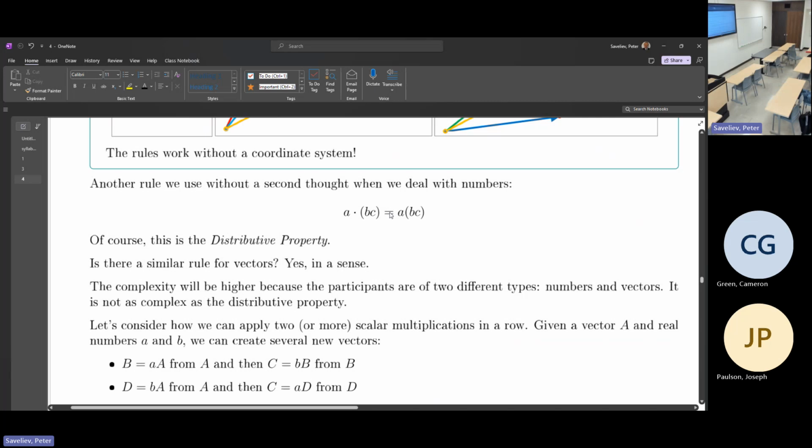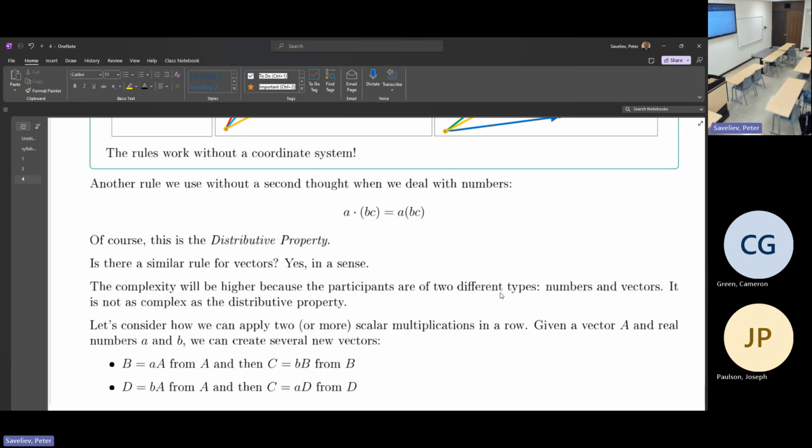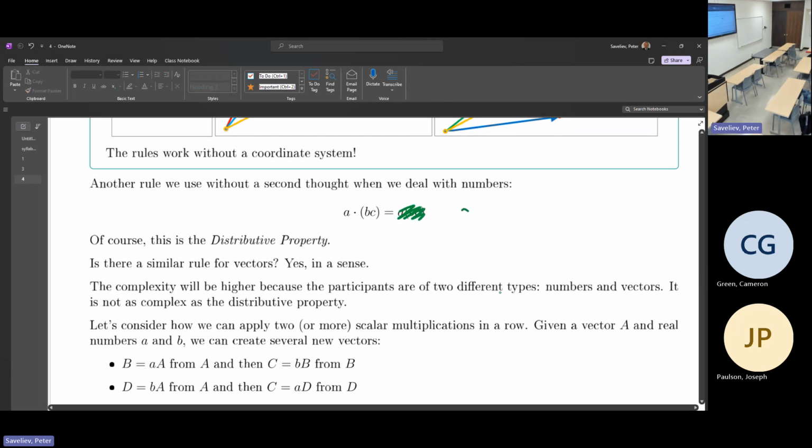In other words, you take C, you stretch it, and then you stretch it again. Hold on, my writing here is wrong. What I meant here is A, B, C. So it's a typo.